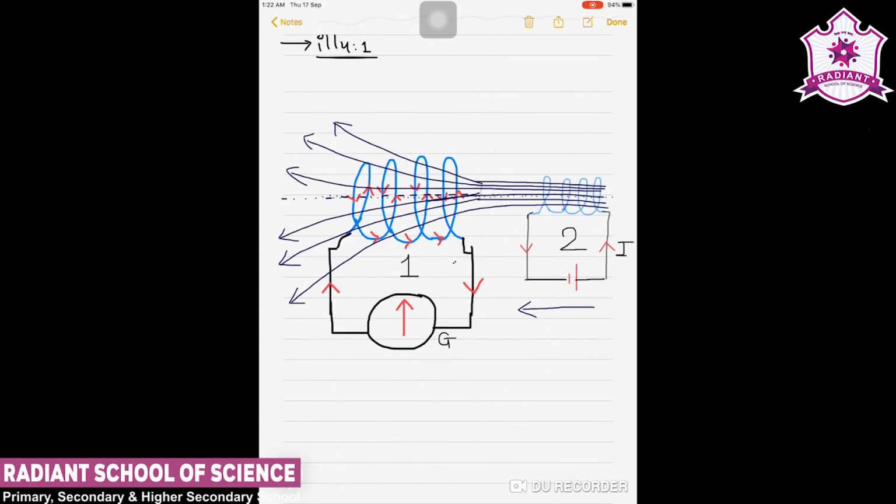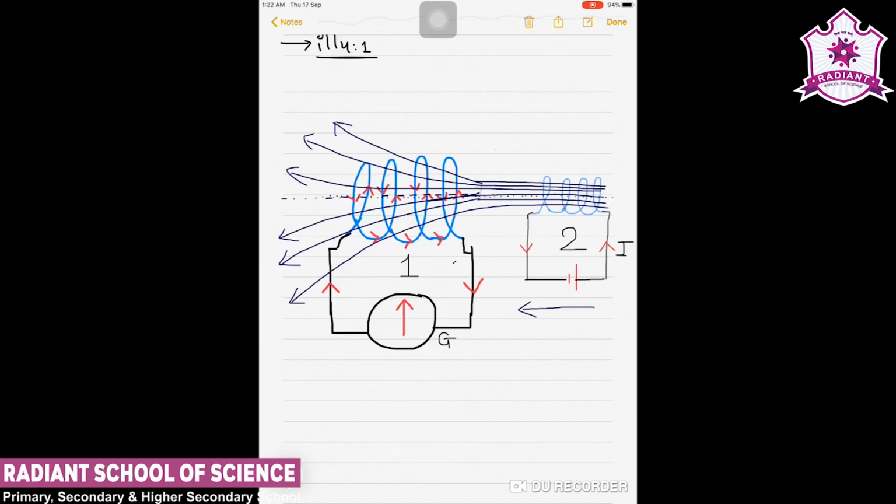Now it is asked: what would you do to obtain a large deflection of the galvanometer?